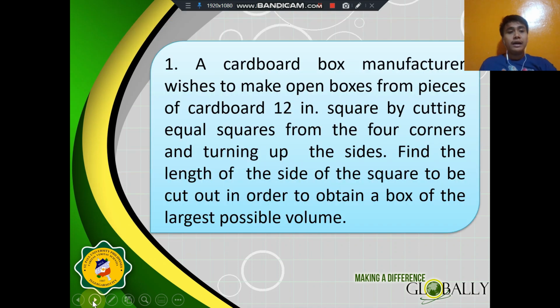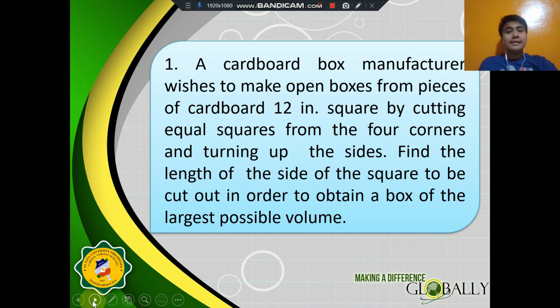Now let's take a look at this problem. A cardboard box manufacturer wishes to make open boxes from pieces of cardboard 12-inch square by cutting equal squares from the four corners and turning up the sides. Find the length of the side of the square to be cut out in order to obtain a box of the largest possible volume.